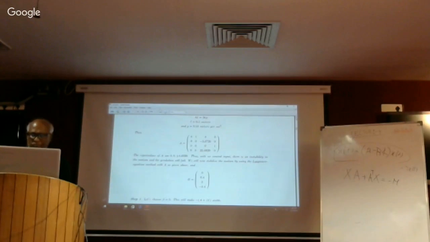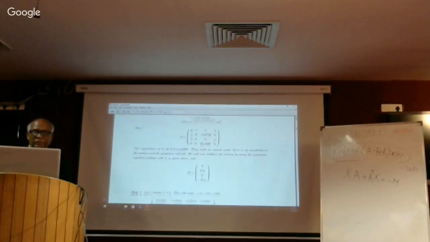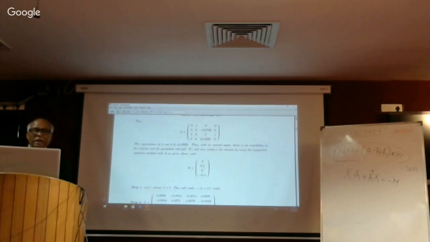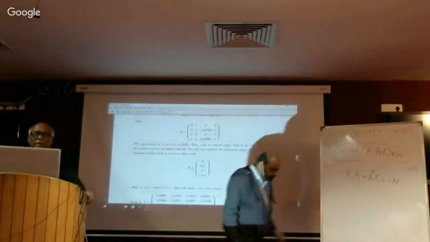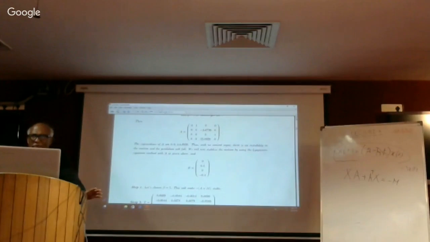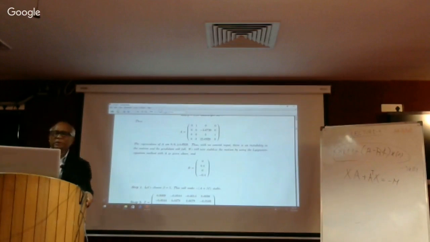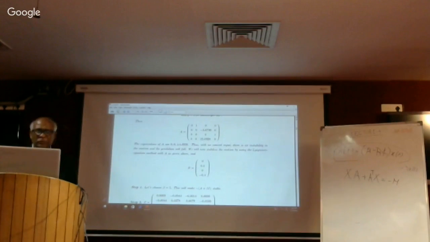Now, the eigenvalues of the matrix A are 0, 0, plus minus 4.6938. So it's unstable with 2 zero eigenvalues. And beta has to be greater than 4.6938, right? So let's choose beta equal to 5.